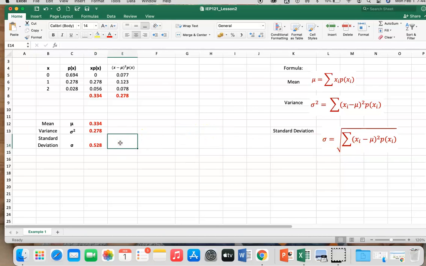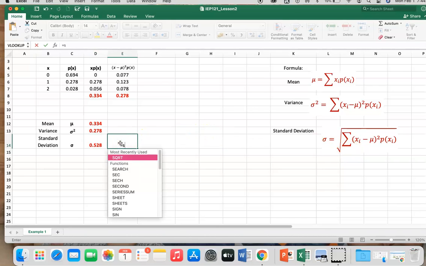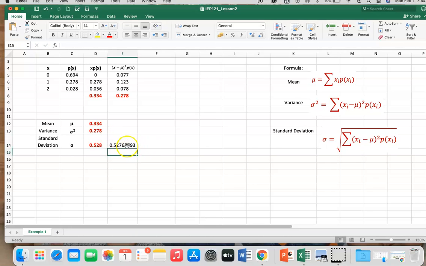So let me show you how it's done using Excel. Just look for the square root. We have this one here, and then the square root there. So we have the same, and then 3 decimal places. So we have the mean, the variance, and the standard deviation of this probability distribution.